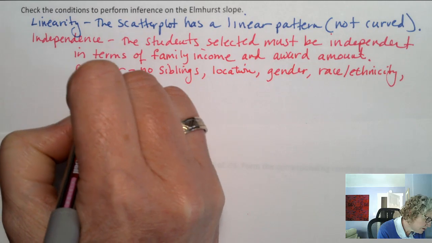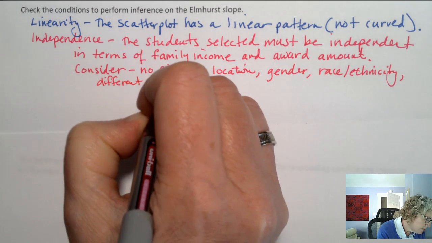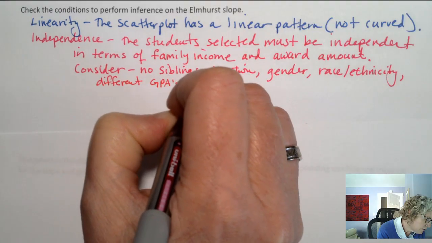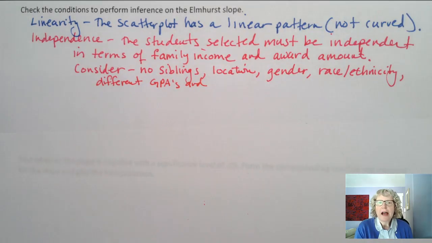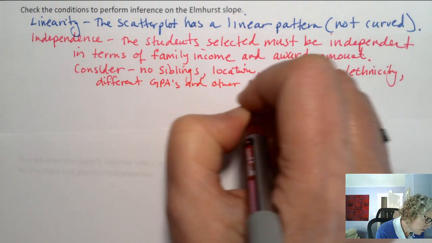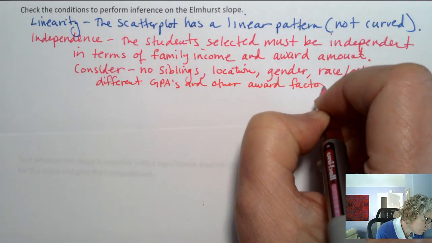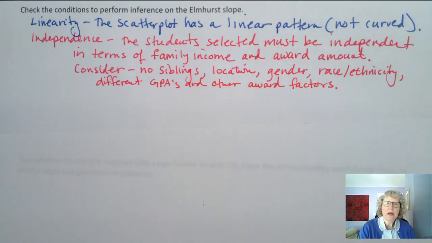So different GPAs and those other factors that we thought might contribute, other award factors. So we want to make sure that our random sample is unbiased.